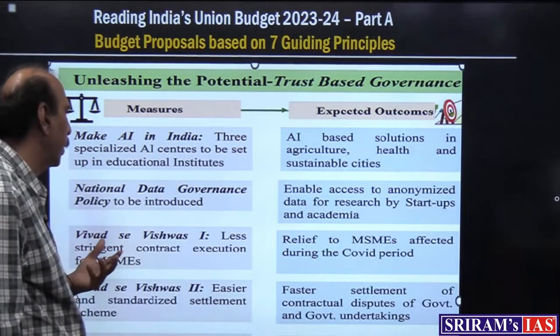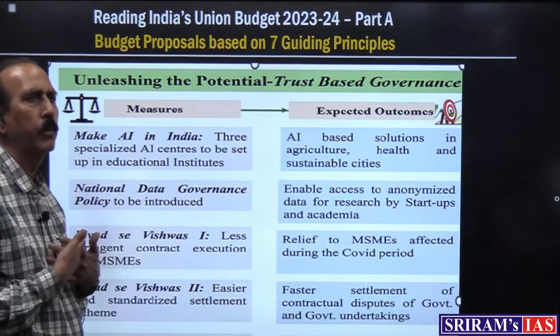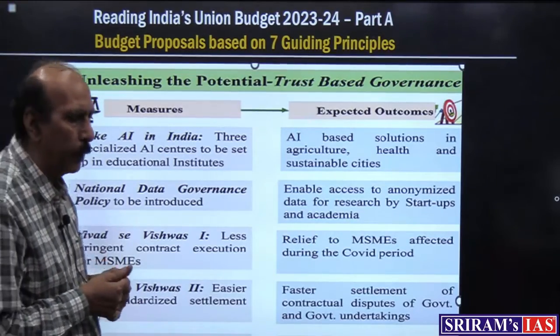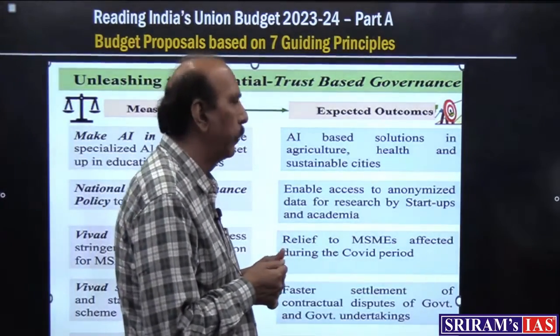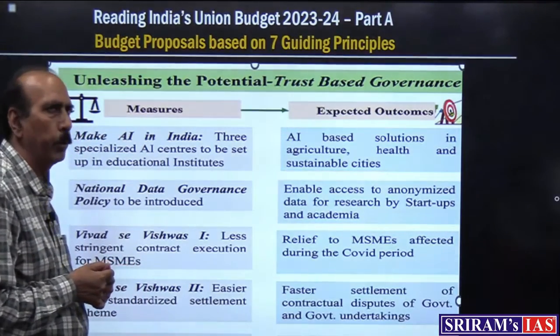A National Data Governance Policy will be introduced because, as we have seen, one of the problems in the international flow of capital is data. So therefore the national data governance policy will have to be introduced.